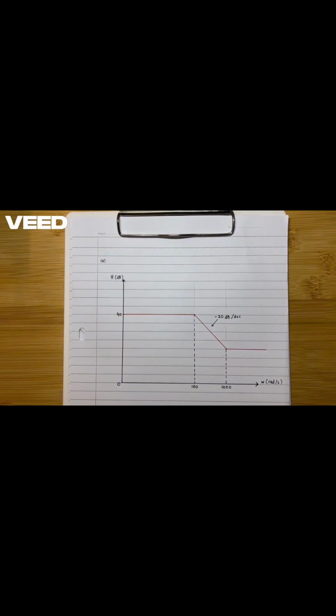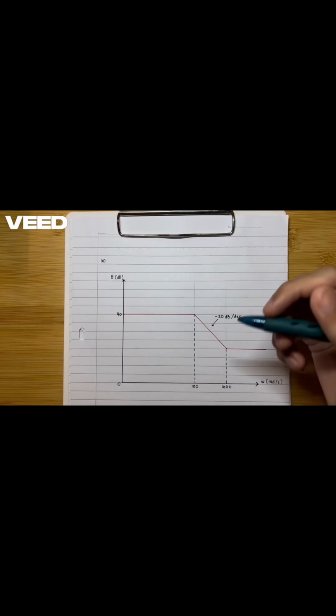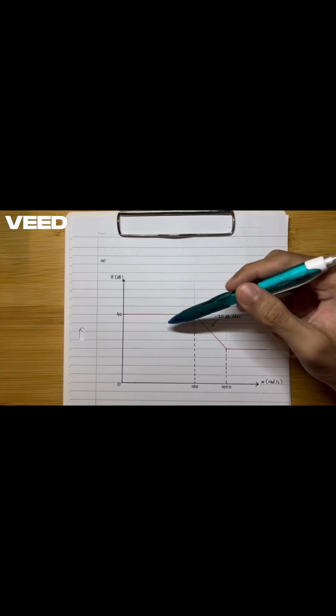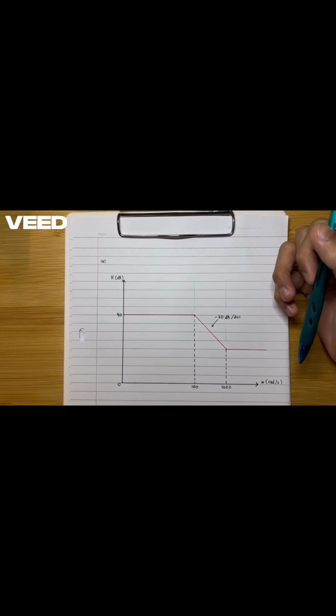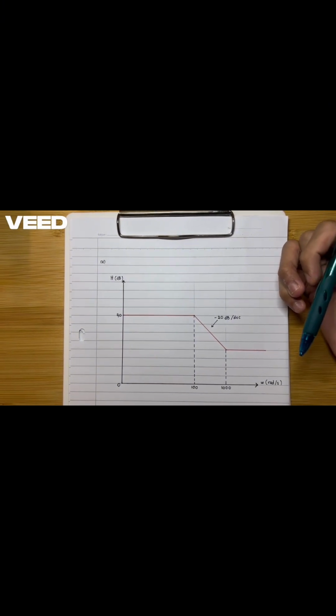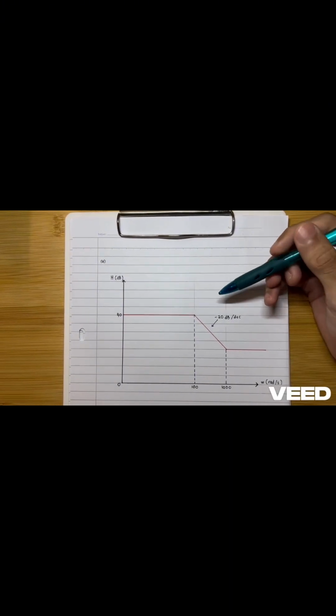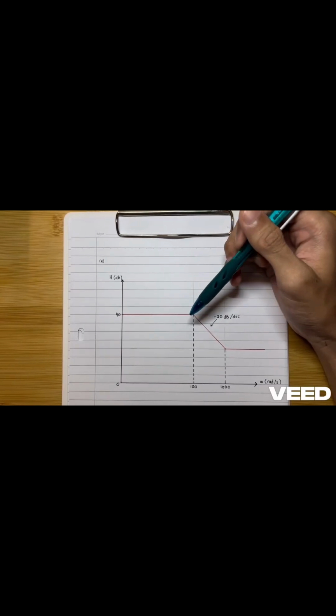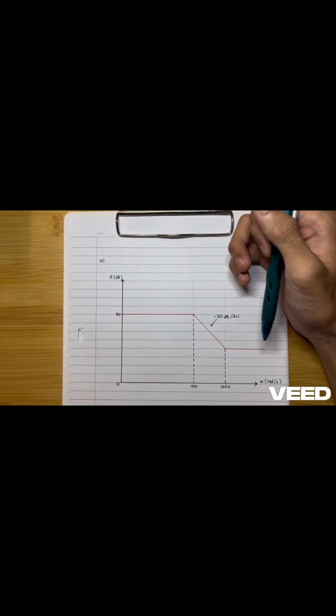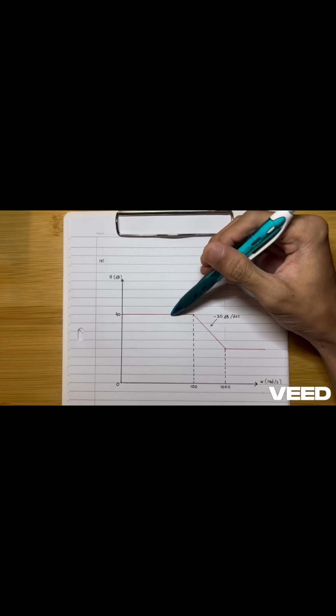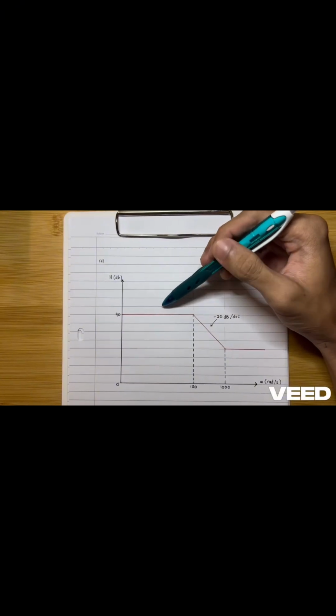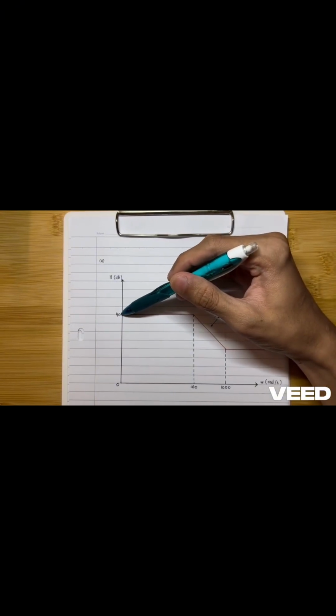So as you can see, this is the Bode plot from question H. So I will explain how it works. In this region, the magnitude is constantly 40 dB.